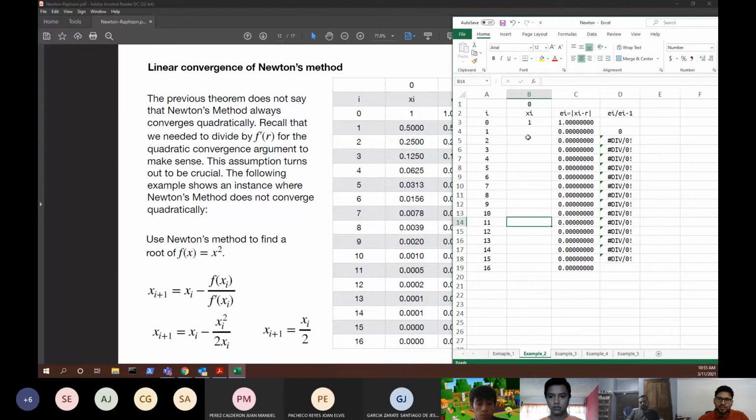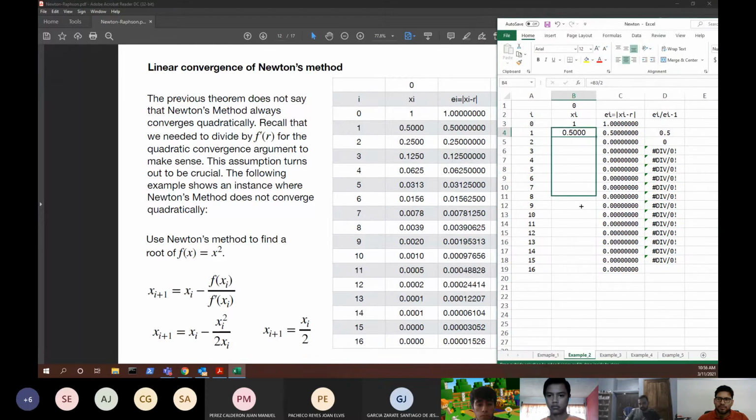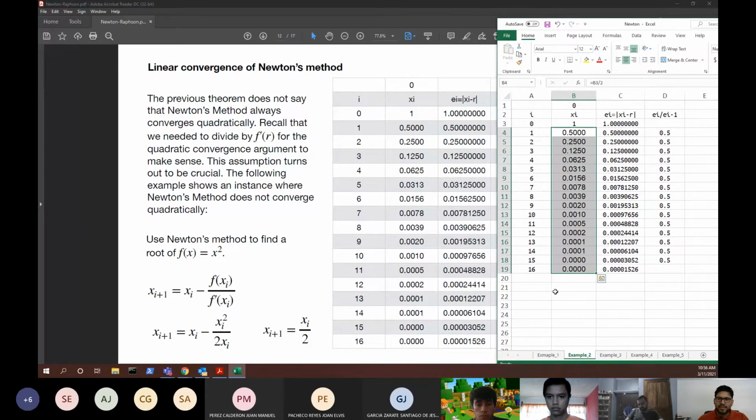So I just have the initial value equal to 1, and then my next value is going to be equal to, of course, this formula, x_i divided by 2, which is 0.5, and then ta-da!